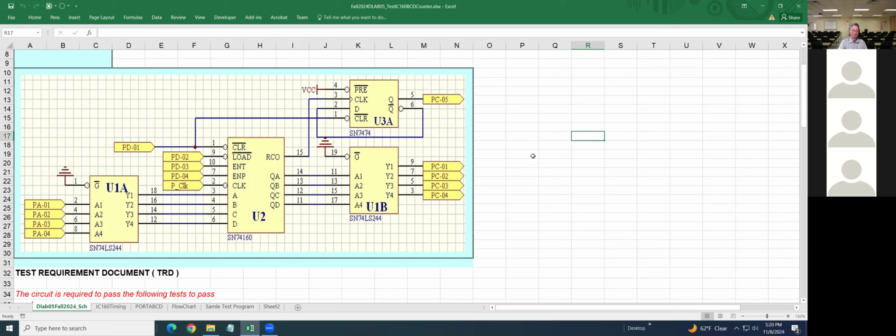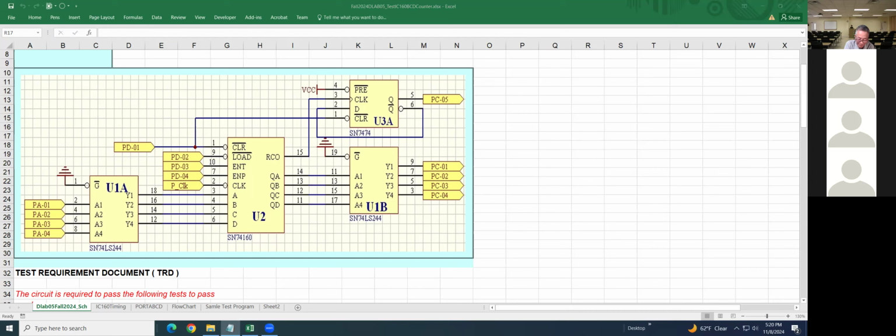Okay. In this one, the first test will be testing loading, right?